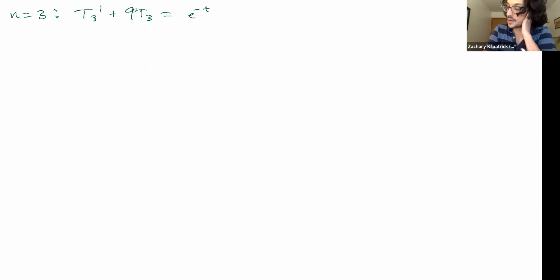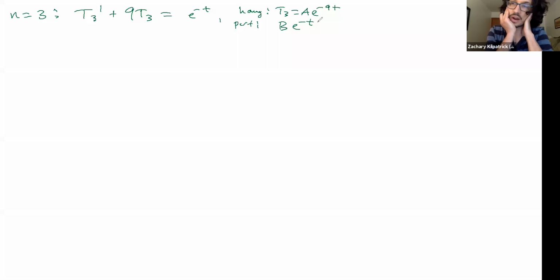Okay. So now what do we got? This has a homogeneous solution, which is just going to be T3 equals some a e to the minus 9t. And then our particular solution would be b e to the minus t.